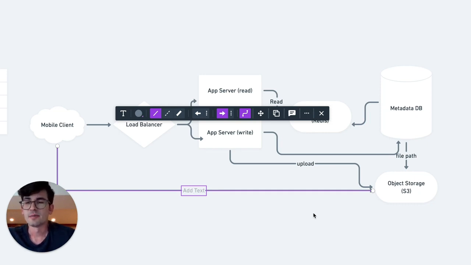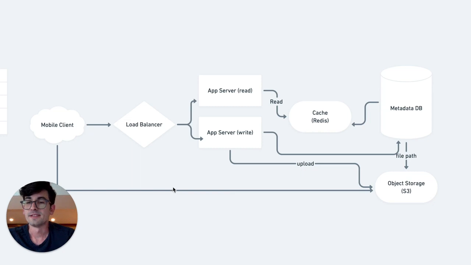And then sitting in between here, we might have a CDN or some sort of distribution network that would make these requests faster by having access points in different parts that are closer and make the last mile request latency much faster.